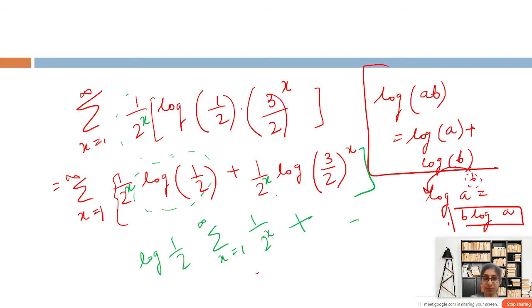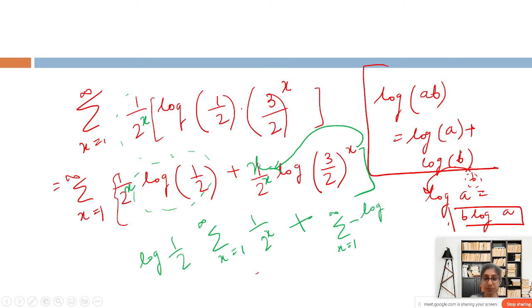And what does the other term become? That becomes sigma x equals to 1 till infinity log of this log of 3 by 2 to the power x. Now if this x comes to the front, as I said, log of a to the power b becomes b log a, right?